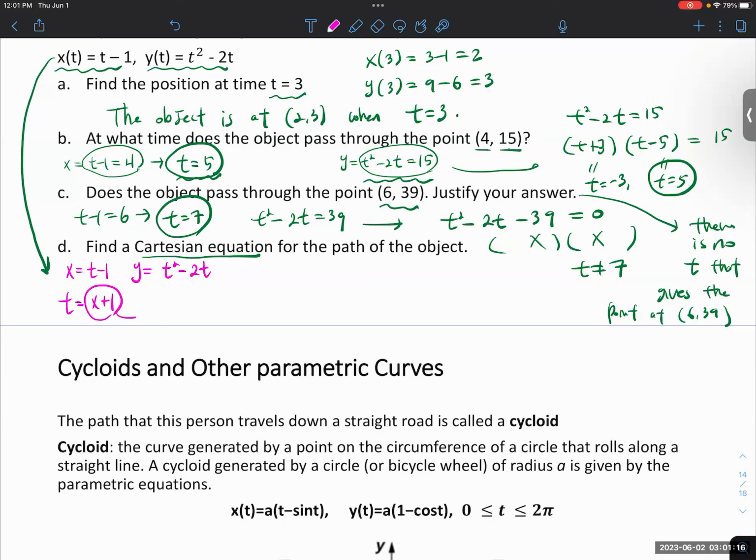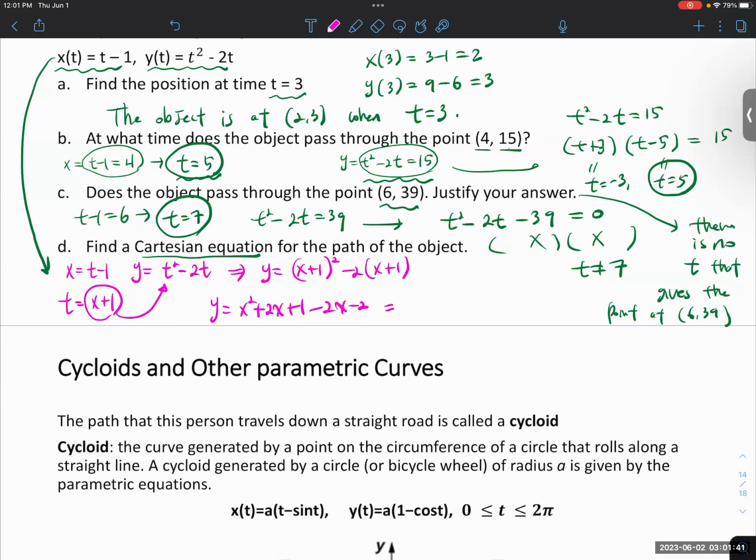Now you're going to plug in here. So y equal to (x plus 1) squared minus 2t, and t is also x plus 1. So we're going to expand it. y equal to x squared plus 2x plus 1 minus 2x minus 2.